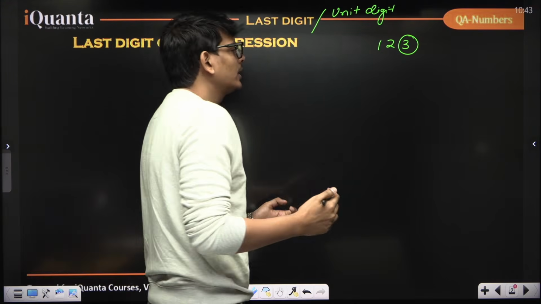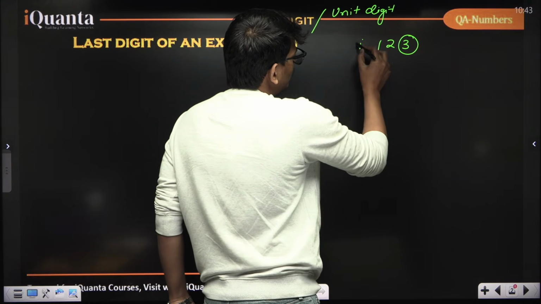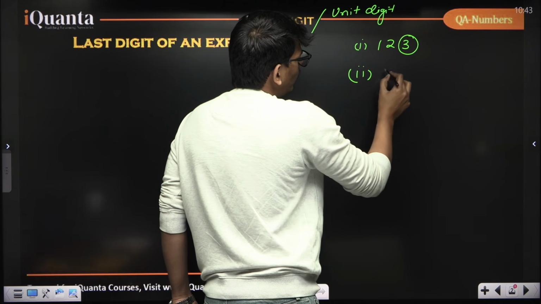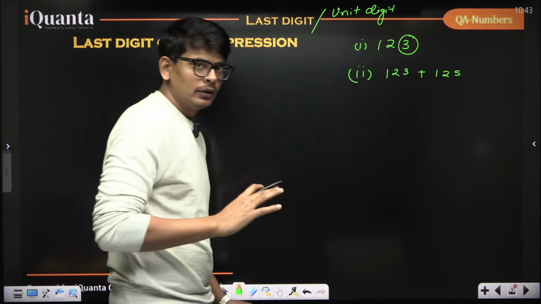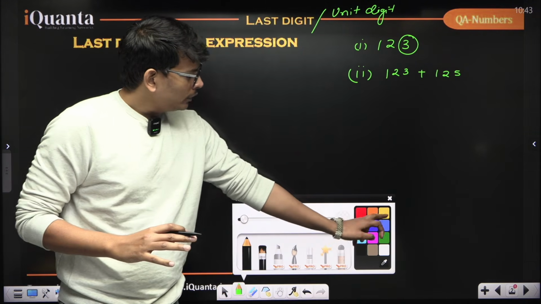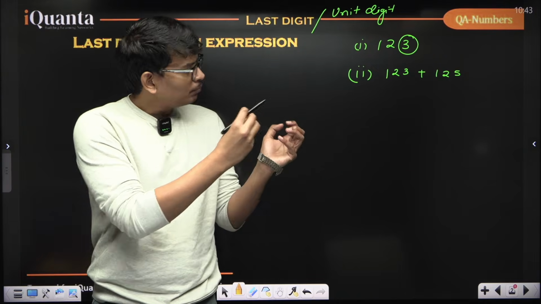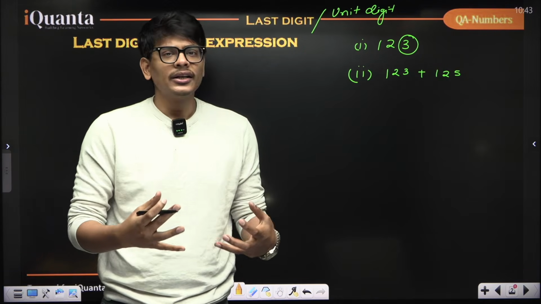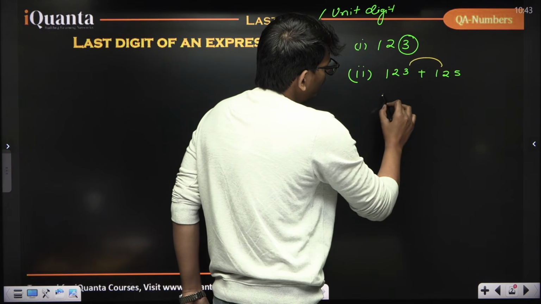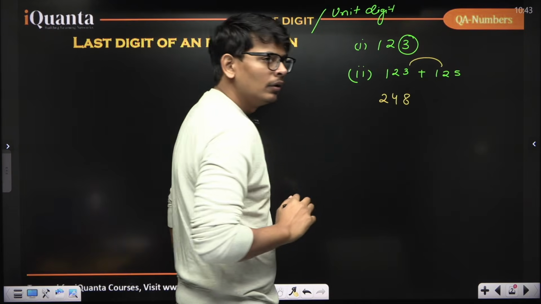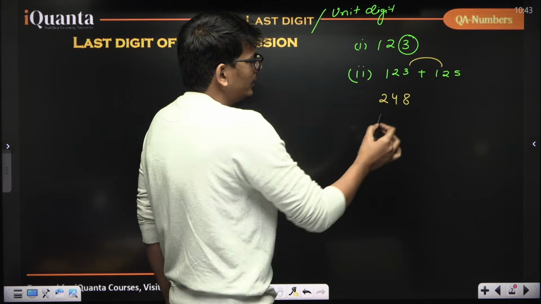Similarly, if I ask you the last digit of 123 plus 125, do we have to add all these numbers? No. But let's understand the concept. If I add these numbers, I will get 248, and the unit digit will be 8.